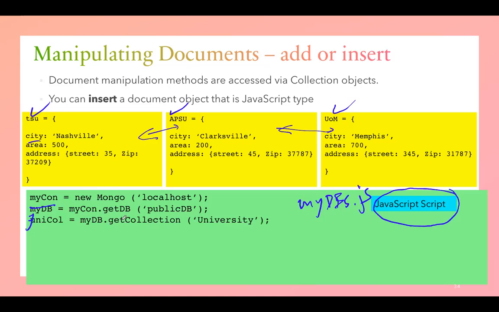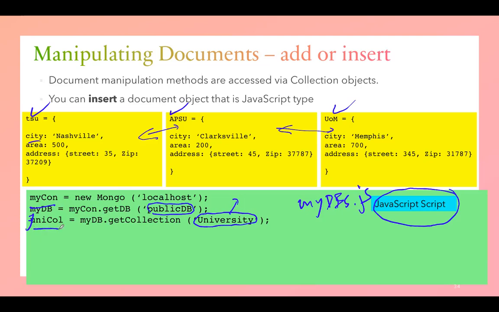And using that database object, so this is the name of the database, right? This is the name of the collection. What is a collection? This collection is all about all documents about universities, right? That's why this could be a university table, right? But here we are calling it a university collection.